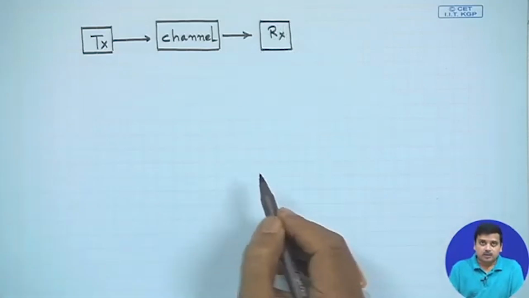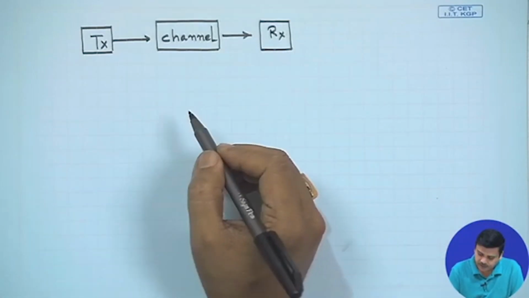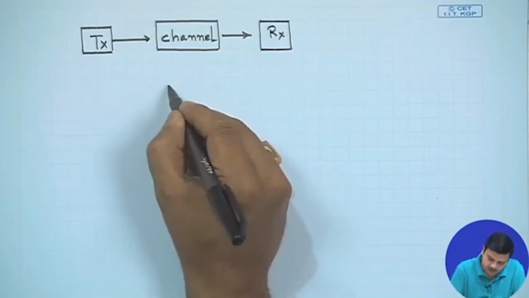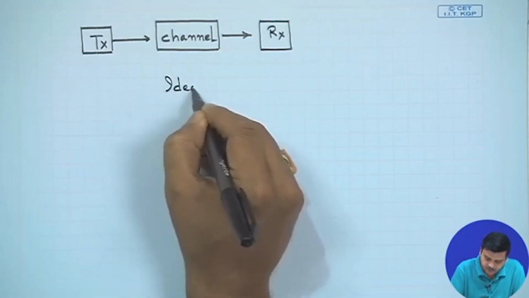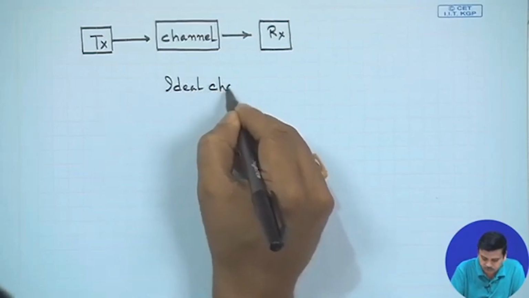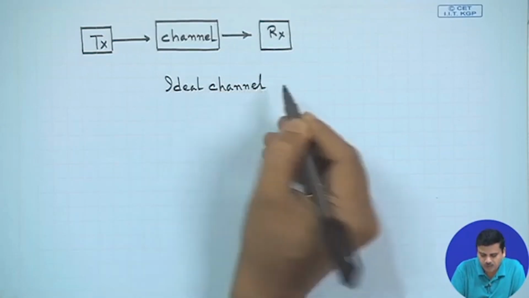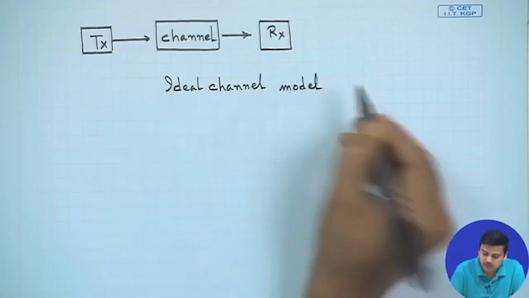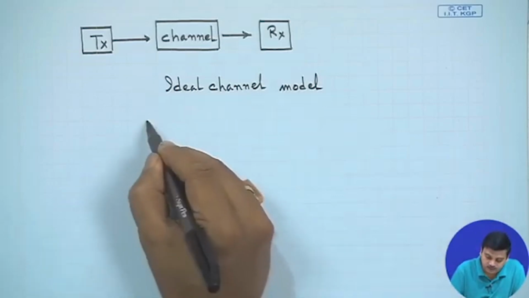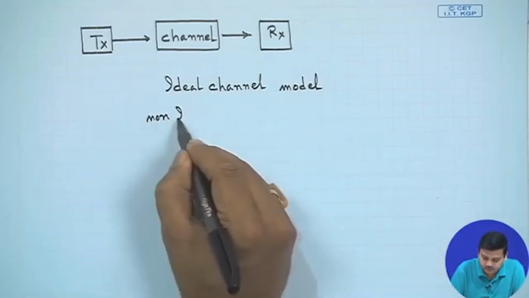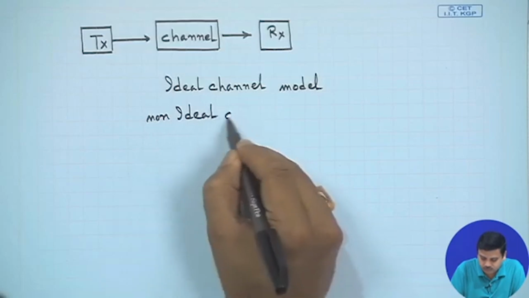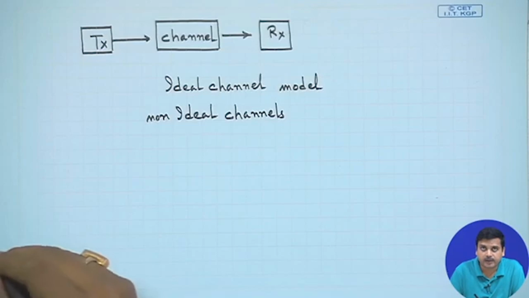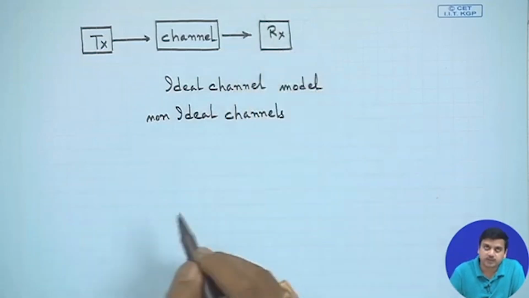When we talk about the channel, there are different kinds of channel that can be used. It could be an ideal channel, so of course we are talking of an ideal channel model, and there could be non-ideal channels, and then of course there is a receiver.